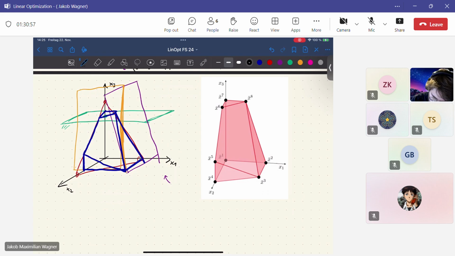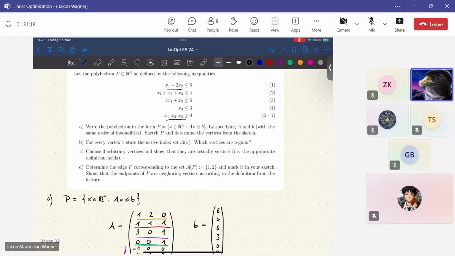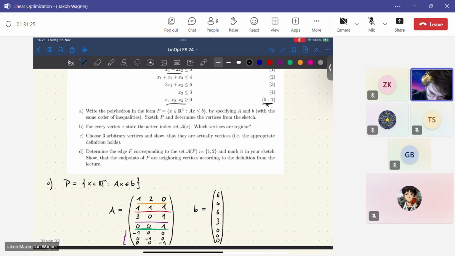To do this, the easiest one is x bar 1, which is just the origin. The constraints that are active at this point are the constraints 5, 6, and 7. Remember, those are just the non-negativity constraints, and at the origin, those 3 are active and all the others are inactive.